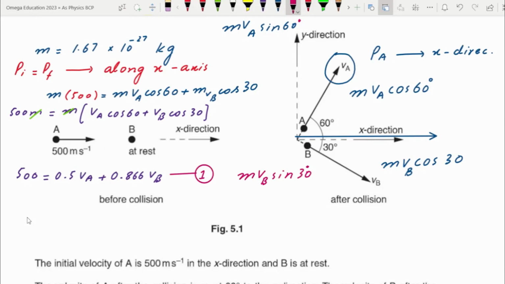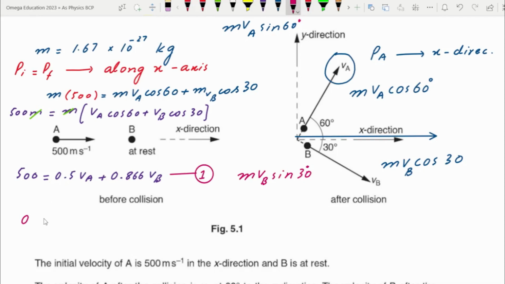Excellent. The total initial momentum before collision is 0, because all the momentum before collision was horizontal. Momentum is a vector. Any vector that is horizontal has 0 vertical effect, and any vector that is purely vertical has 0 horizontal effect.